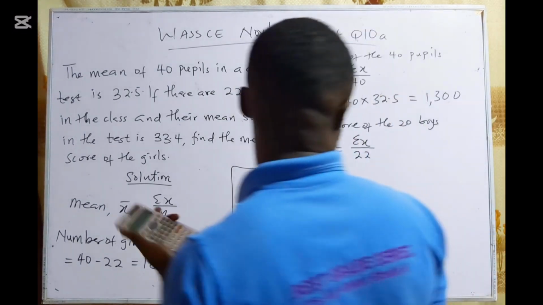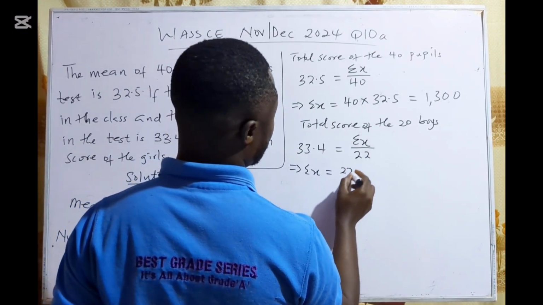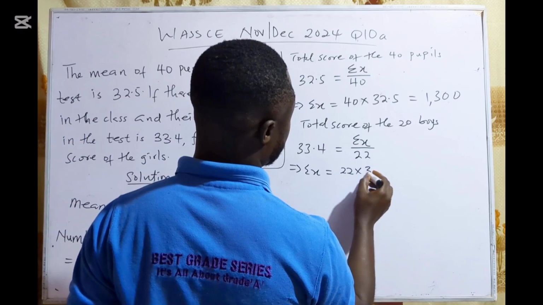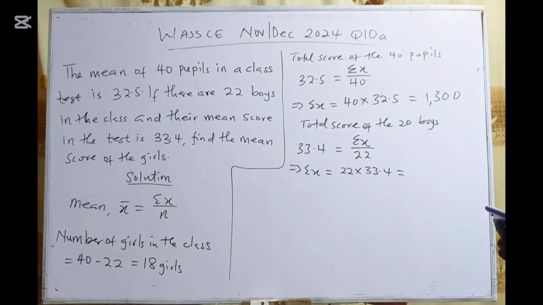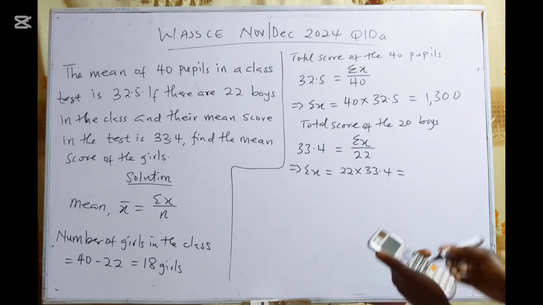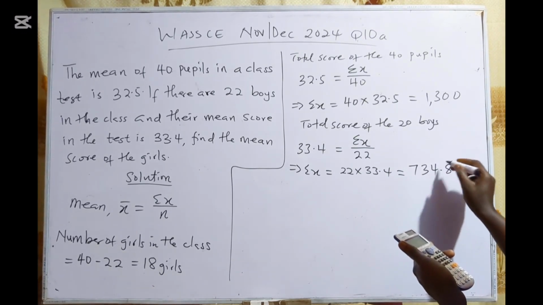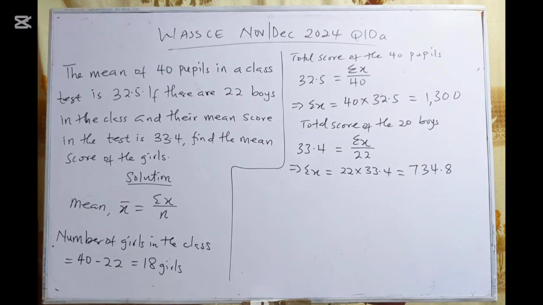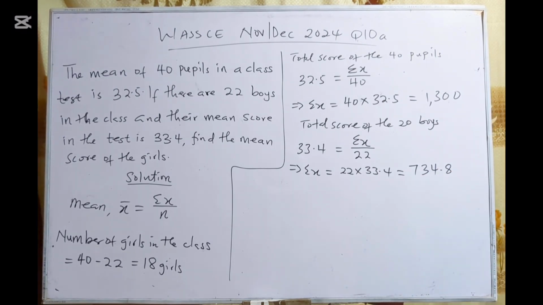And then their total score, which is the sigma x of it, will give us 22 times 33.4, and that will give us 734.8. So the total score of the 22 boys is 734.8.